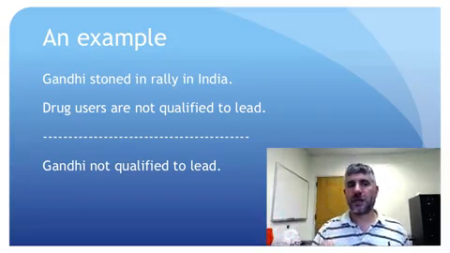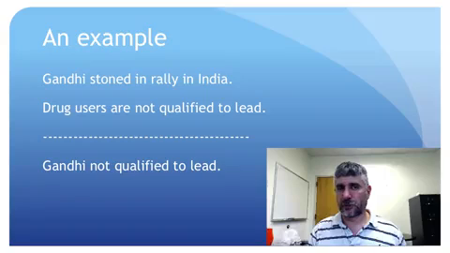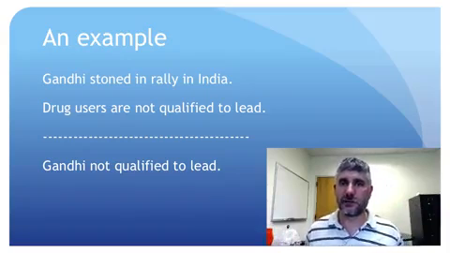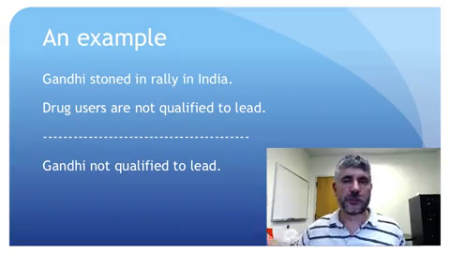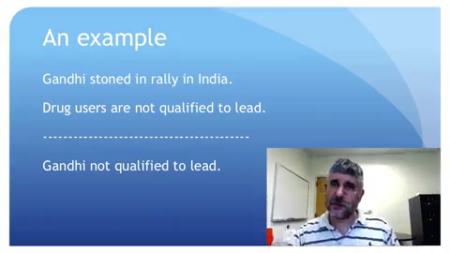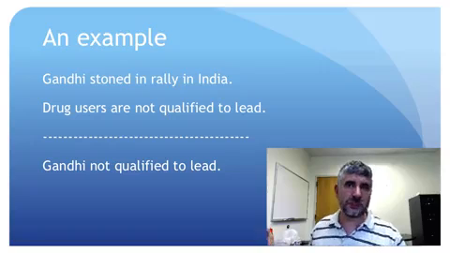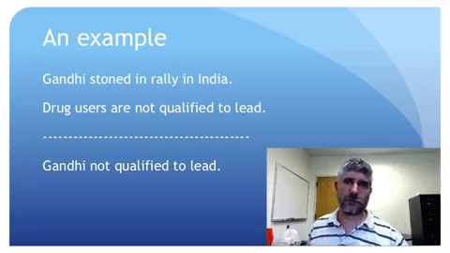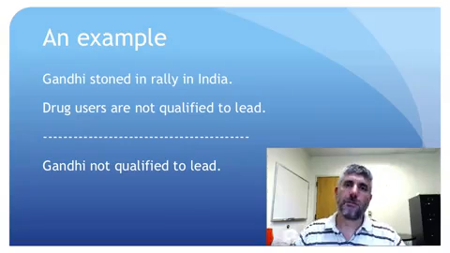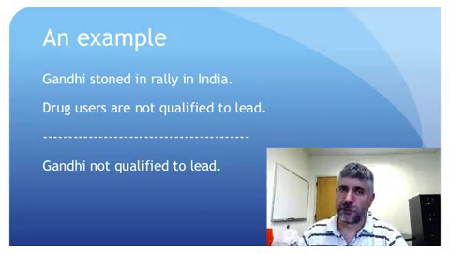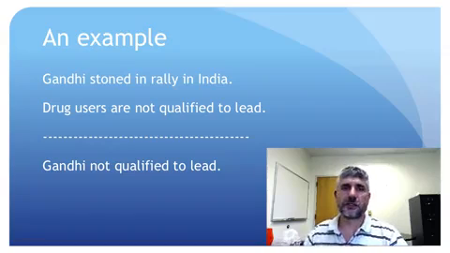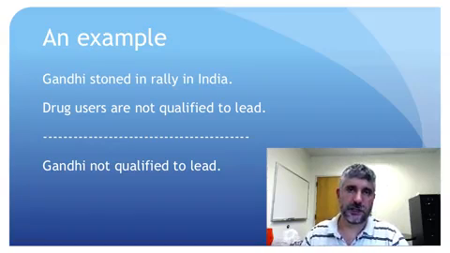But here's the thing. That first premise, as I said just a moment ago, has two acceptable interpretations. It could be understood as meaning people threw stones at Gandhi in the rally in India, or it could mean Gandhi was using illicit drugs at the rally in India. Now, if it means the second thing, then this argument is valid. Gandhi is not qualified to lead, at least given the truth of the two premises. And I'm not going to comment on the truth or falsehood of the second premise. But the most plausible interpretation of that first premise is that people threw stones at Gandhi at the rally in India.